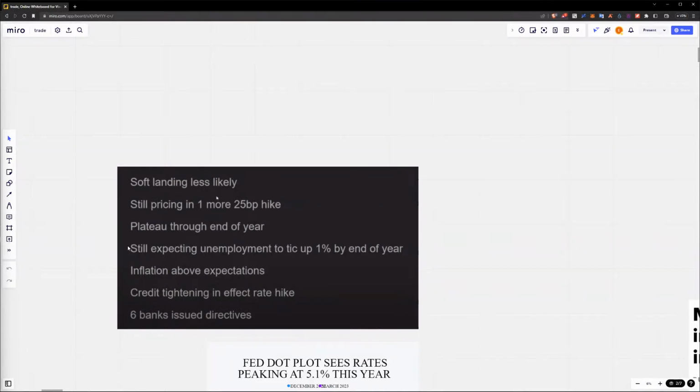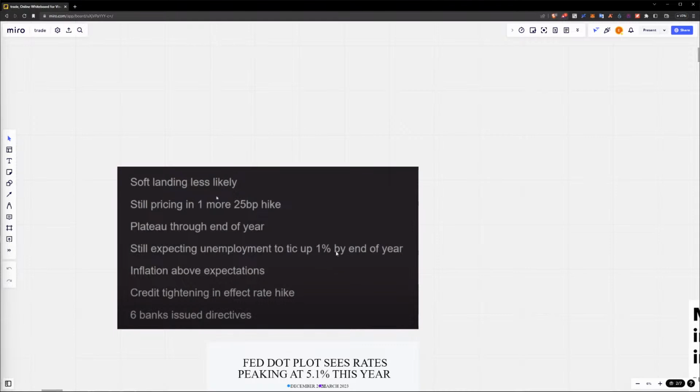And this is the important part: still expecting unemployment to tick up 1%. And as far as I know, once unemployment starts to go up, it keeps going up. It doesn't stop at 1%. It then becomes 2-3%. And this is the start of the economic contraction.